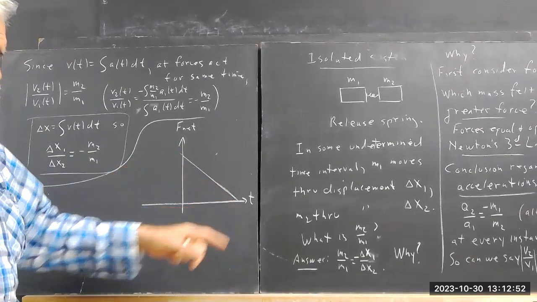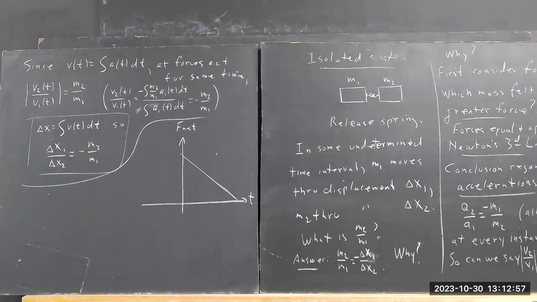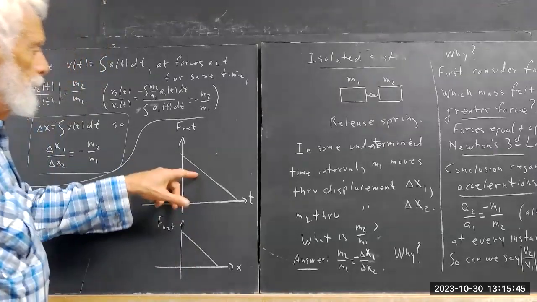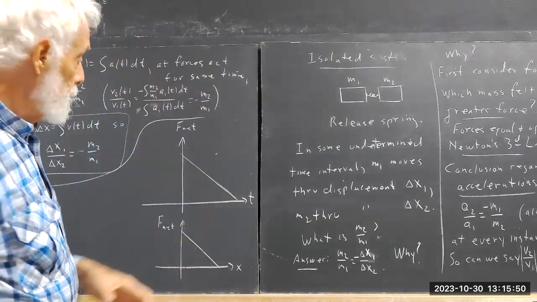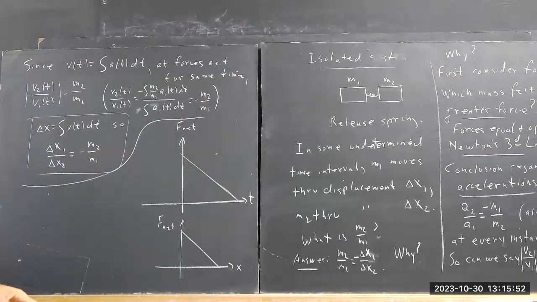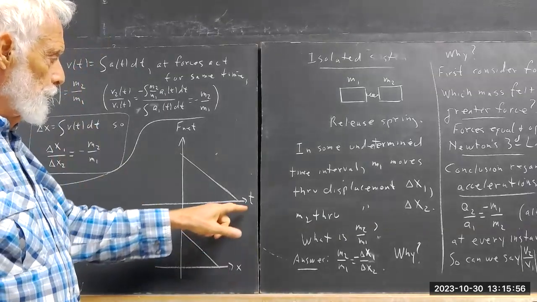Does that realistically depict what happens with those springs? So the question I pose is, can both of these graphs be accurate? The same system. Well, if x is a linear function of t, maybe.